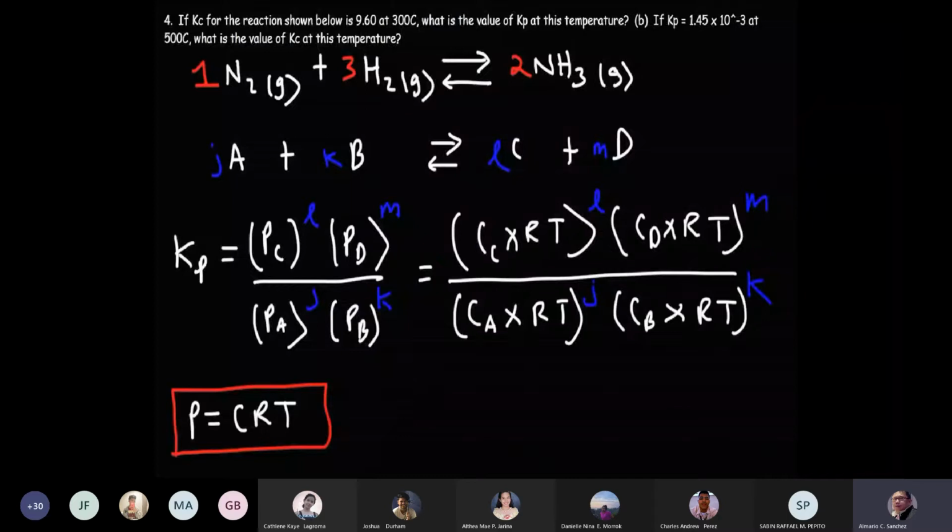So now what we're going to do at this point is separate the concentration from RT. The concentration of C, we can simply put in brackets. But let me rewrite this over here.